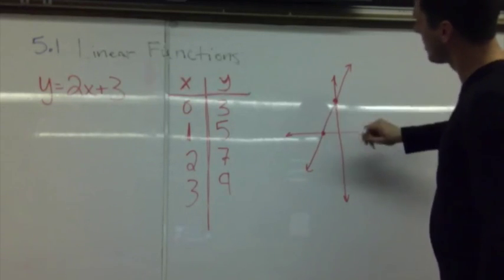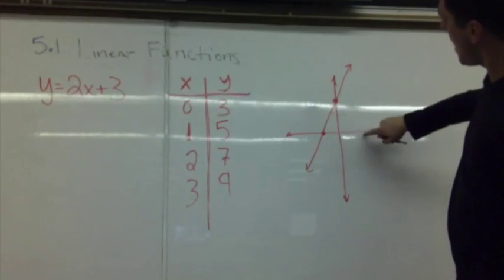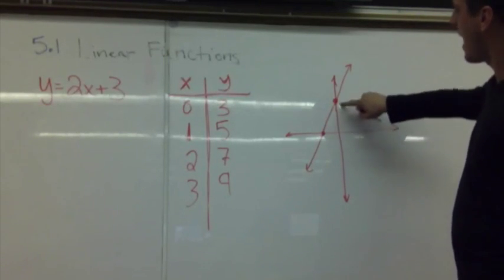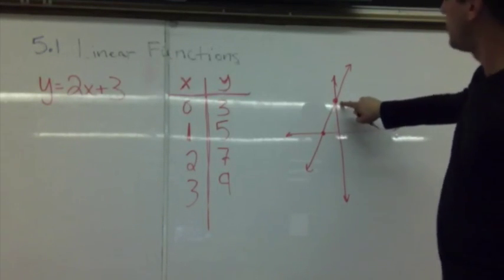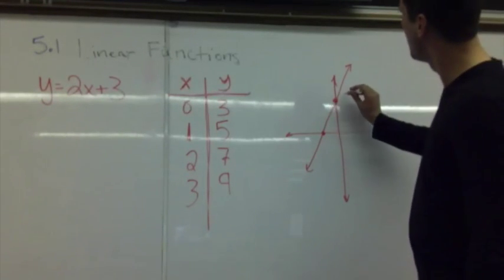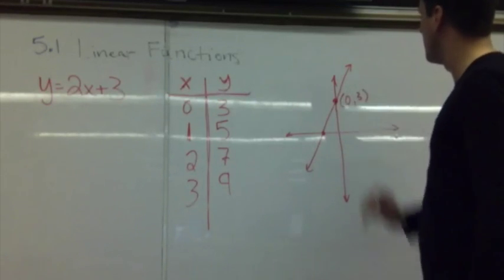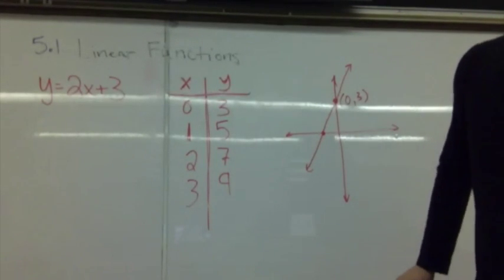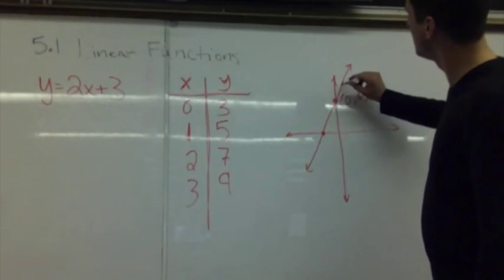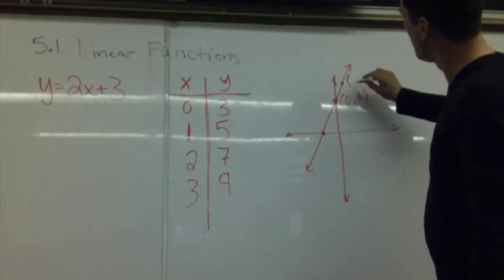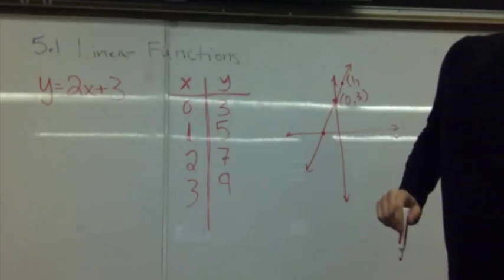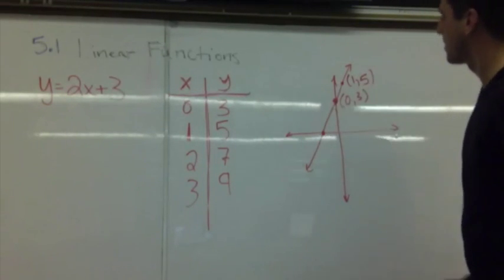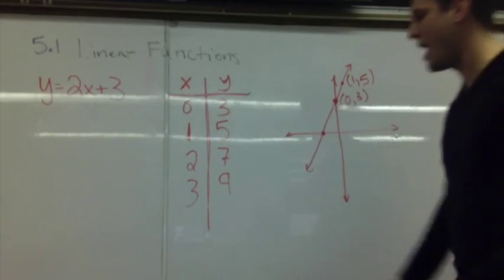And so like right here, where the x-axis is 0, and the y-axis is, it looks like 3, that is a significant point. 0, 3. Another significant point might be, it looks like there's another intersection right up here, which is at the point 1, 5. All right, so here's your graph, and we want to know what m and b are.